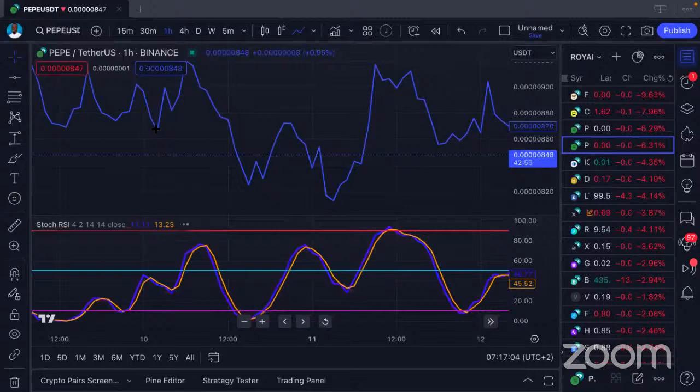Connection one done. So I will come again, pick my trend line, connect this consecutive low to this one. I'm looking for a divergence. Okay, so now I've finished on the chart. So I want to go and draw a divergence on the stochastic RSI.